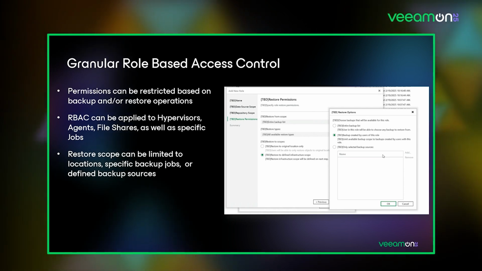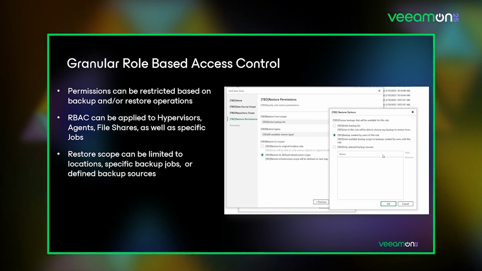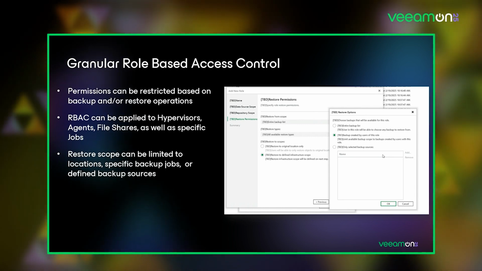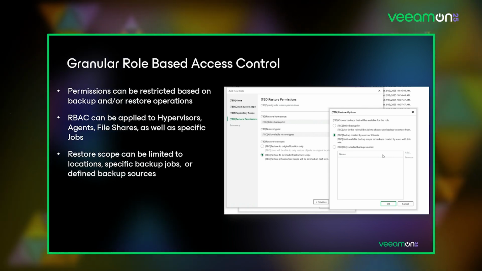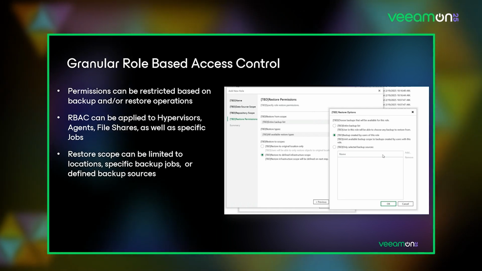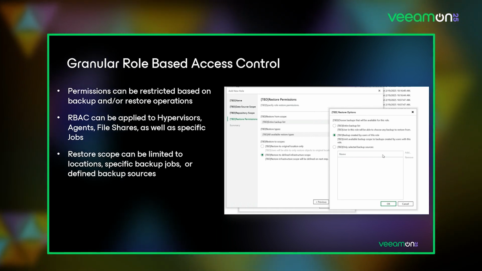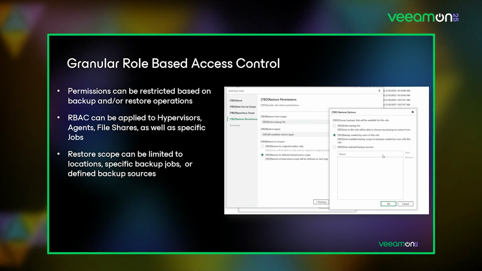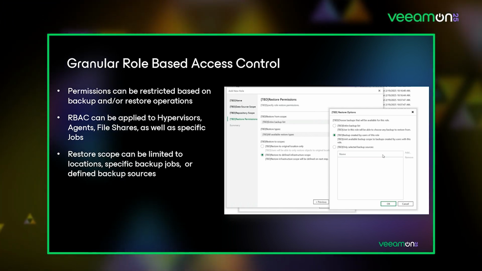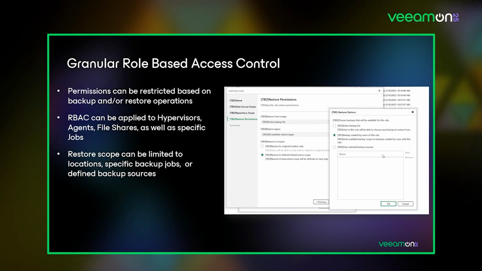So with the new granular role-based access control, users now have the ability to delegate who will be able to create a backup and who will be able to restore. Maybe you don't want the backup admin to be able to restore certain critical data. So you now have that flexibility.